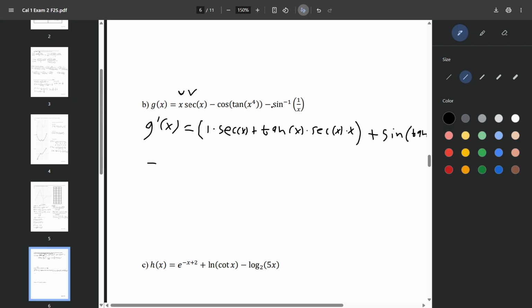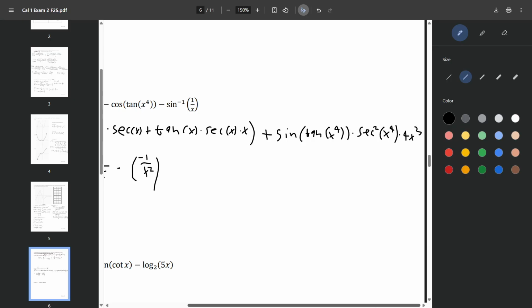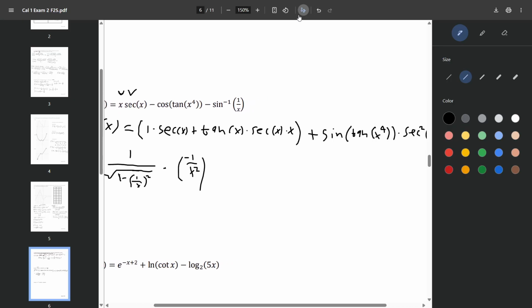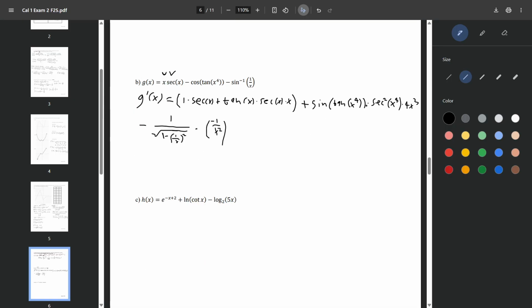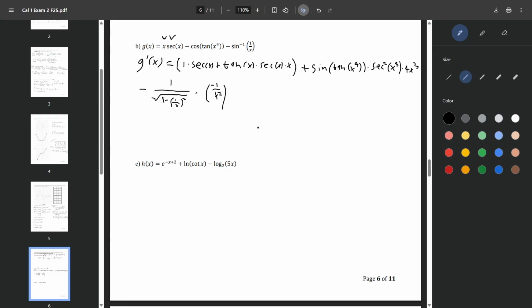So the derivative of inverse sine is going to be 1 over root 1 minus 1 over x squared times the derivative of 1 over x, which is negative 1 over x squared. And that is our answer for B. You can run out of space, but yes, that is our answer.